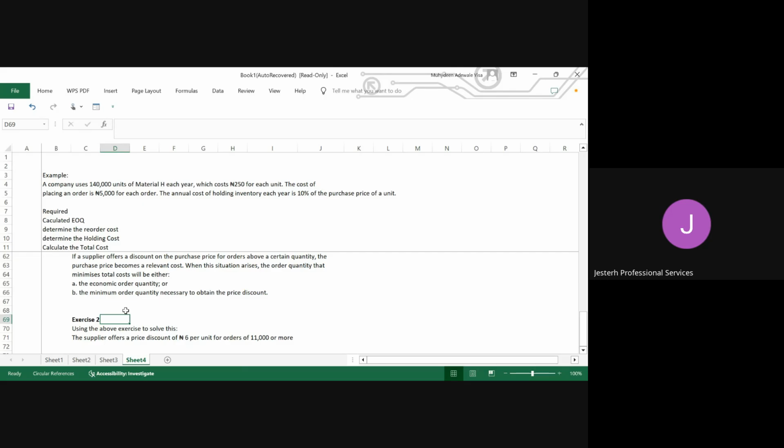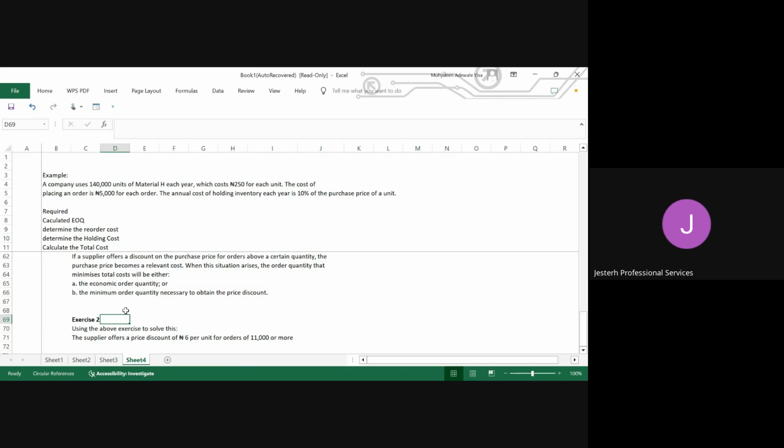In this same scenario, the purchase price per unit is 250 naira, and they might decide to give 5% off this purchase price per unit, or they might decide to say, if you are buying this certain quantity and above, we are going to reduce the purchase price per unit by 2 naira, or 3 naira.